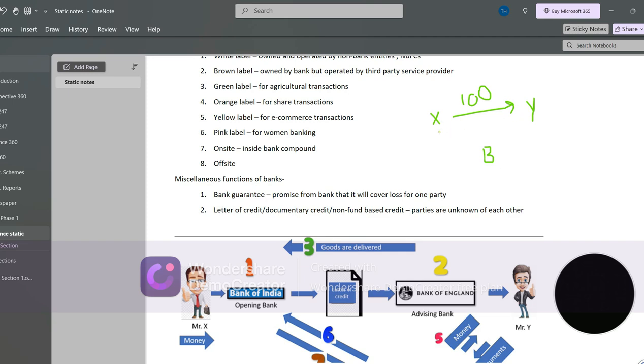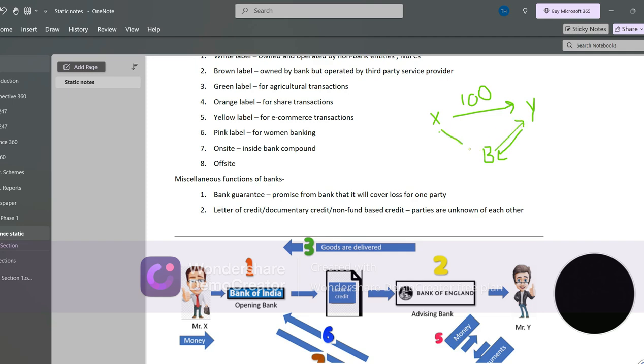Now, what is a bank guarantee? Person X has already had a talk with the bank that if he is not able to pay, then the bank will pay person Y the rupees 100. Now person Y goes and gives the bank guarantee to the bank, and the bank gives rupees 100 to person Y, and then Y has already got his funds.